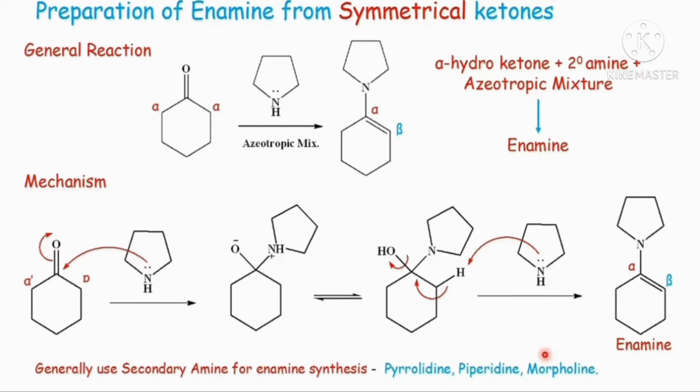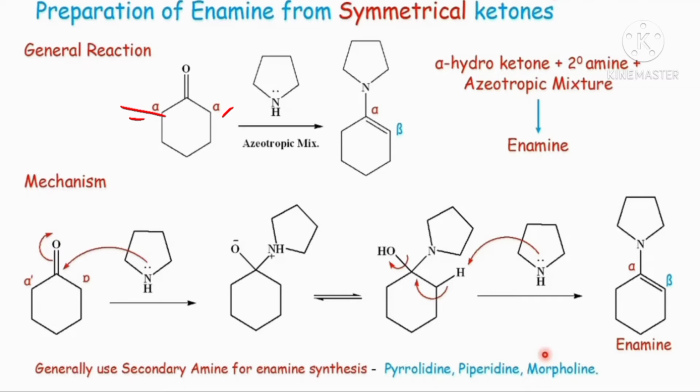Symmetrical ketones means the ketone has two alpha positions, and in these two alpha positions there are two symmetrical substituents. Here the presence of hydrogen, here also hydrogen, therefore it is a symmetrical ketone. But here the presence of methyl and here hydrogen, so these are unsymmetrical ketones.